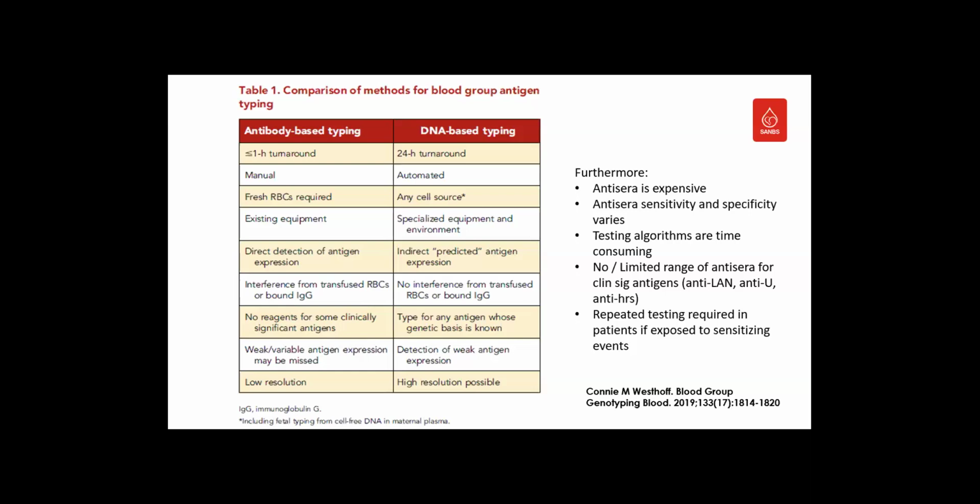The antibody-based testing, depending on which anti-sera you will use, will give you antigen specificity and tell you which antigen it is directly, while with DNA-based interpretation, it is more indirect. You get your genotype, and from that, you predict your antigen expression. But I can assure you that there's enough information in the literature for this prediction to be highly accurate.